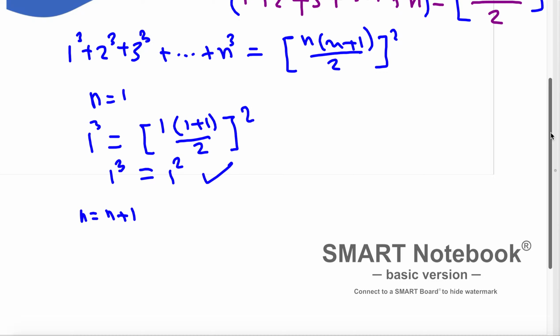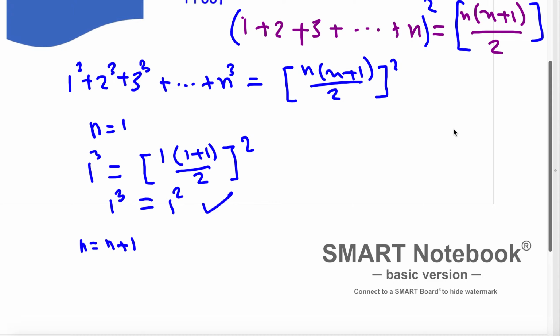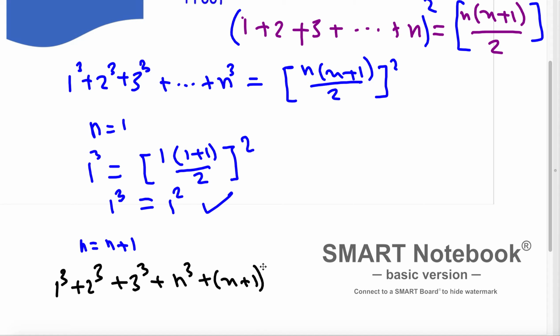Now we are going to look at whether it holds when n is replaced by n plus 1. Whenever there is an n, I'm going to plug in n plus 1. I'm taking this equation here, and let me write in a different color. 1 cubed plus 2 cubed plus 3 cubed plus n cubed plus (n plus 1) cubed is going to be equal to, now whenever there is an n, I am substituting n plus 1.